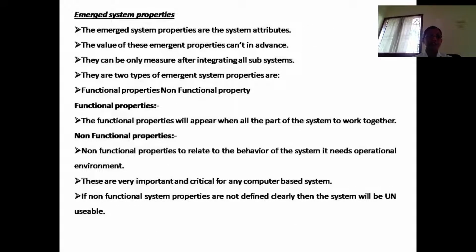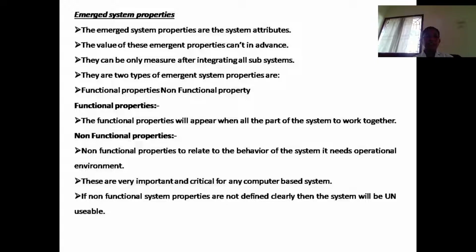Okay, then what are the properties of an emergent system? The emergent system properties are the system attributes. Okay, the values of these emergent properties cannot be known in advance. There are two types of emergent system properties: functional properties and non-functional properties. A functional property appears when all the parts of the system work together.